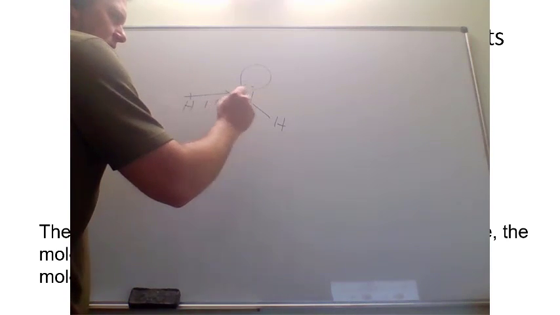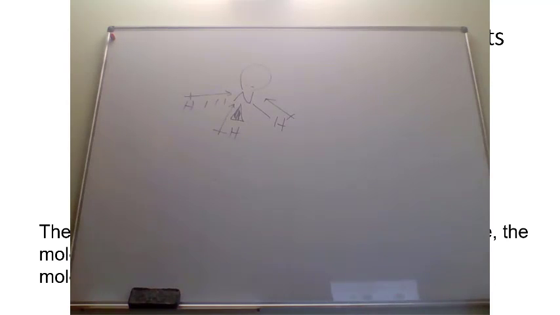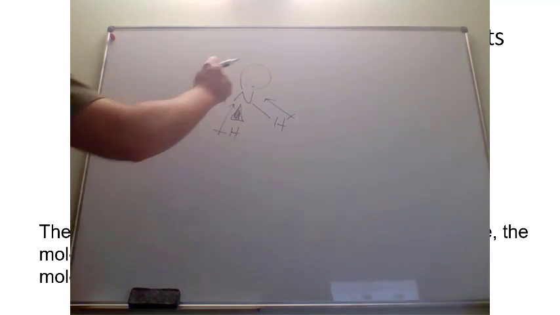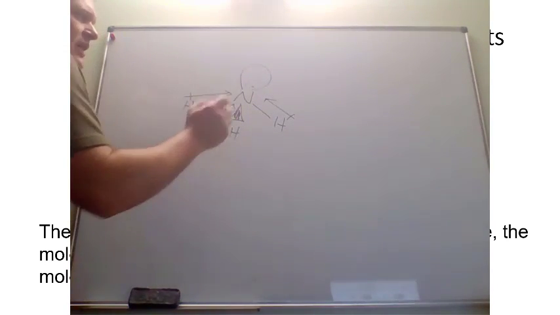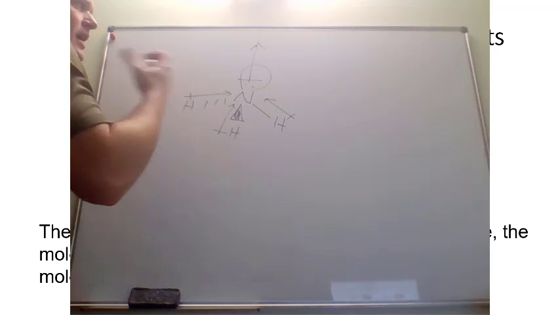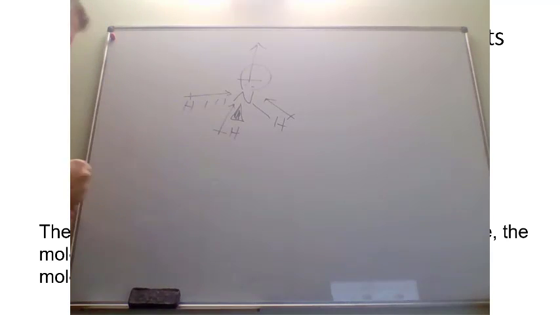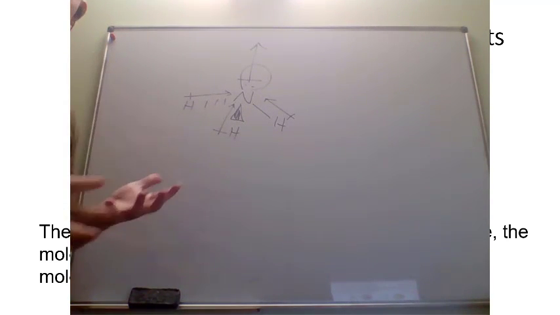So each of these individual NH bonds are going to be a polar covalent bond. And then we have our lone pair of electrons, which is going to put a net negative charge straight upwards. So what we have here is the summation of our vectors.